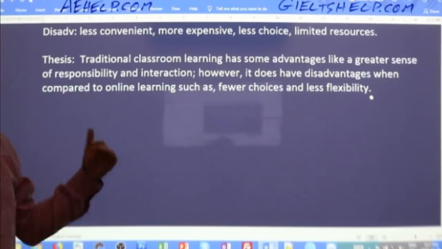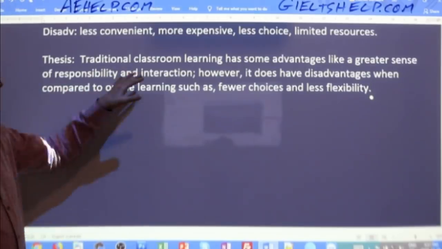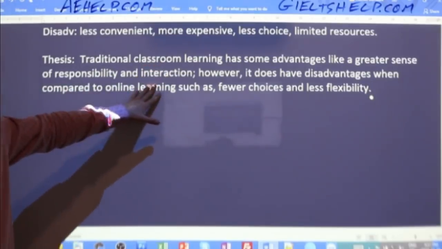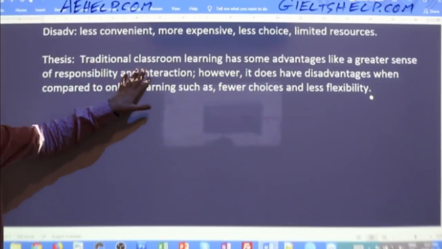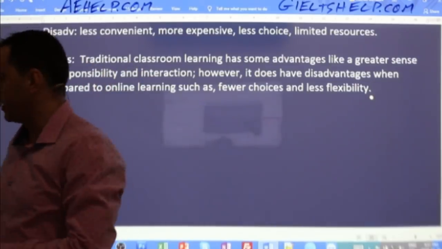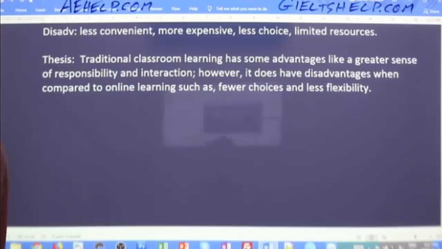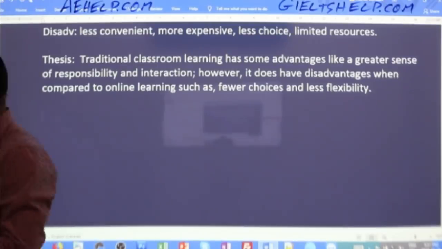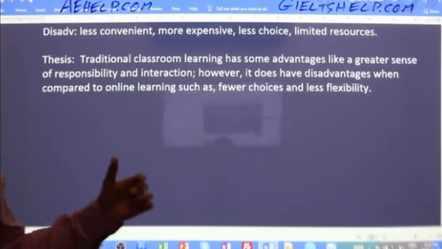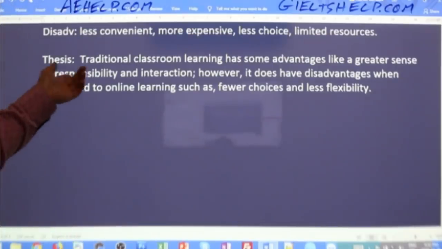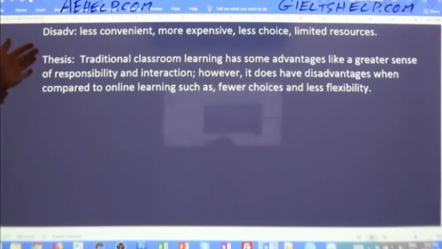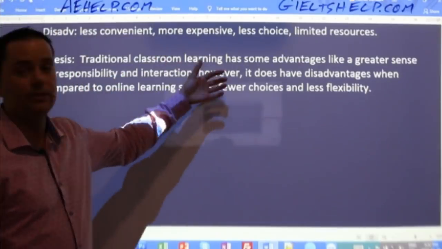Here, body paragraph 1 will be about traditional classroom learning, the advantages and disadvantages. Body paragraph 2 will be about the online learning advantages and disadvantages. And it's very, very clear from this thesis what the essay is going to entail or capture for the reader.